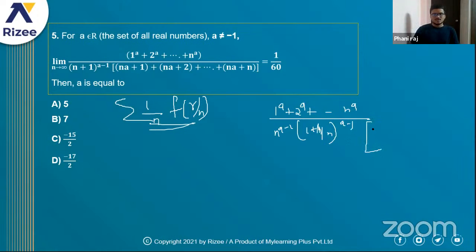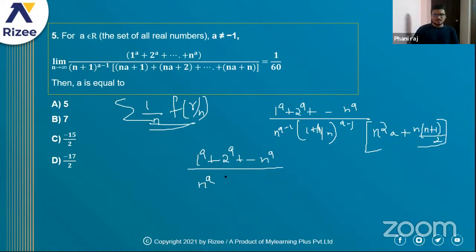into, first we'll sum it, okay, n square a, because na is added n times, plus n into (n plus 1) by 2. You bring an n common from this, you get what? 1 power a plus 2 power a and so on, so n power a, by n power a, into 1 plus 1 by n whole power a minus 1, into na plus n by 2 plus 1 by 2.